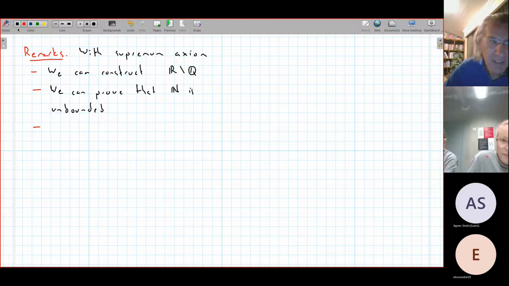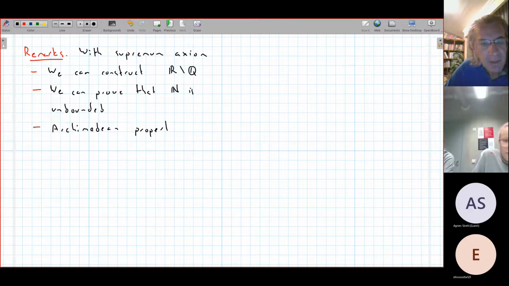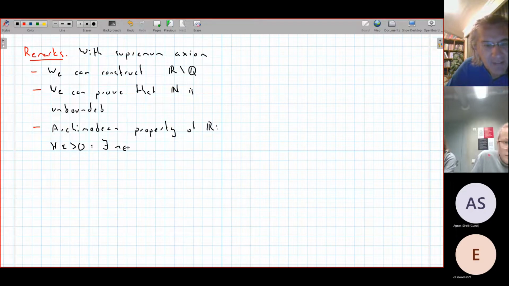We can also prove the Archimedean property of R. The Archimedean property basically tells you that for every epsilon greater than 0, there exists a natural number n with the property that 1 over n is less than epsilon.